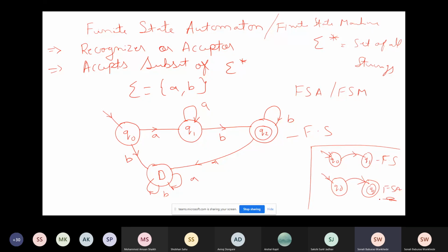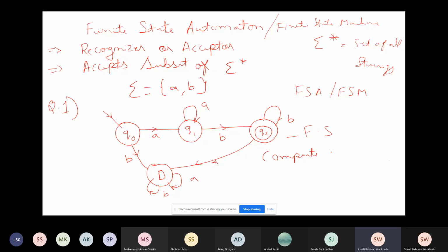Okay, now a question comes to you. Given this state transition diagram, you have to compute the state sequence. Question number 1: compute the state sequence.